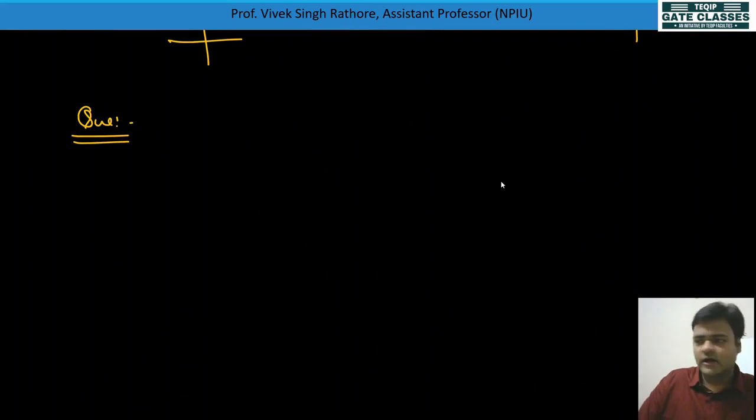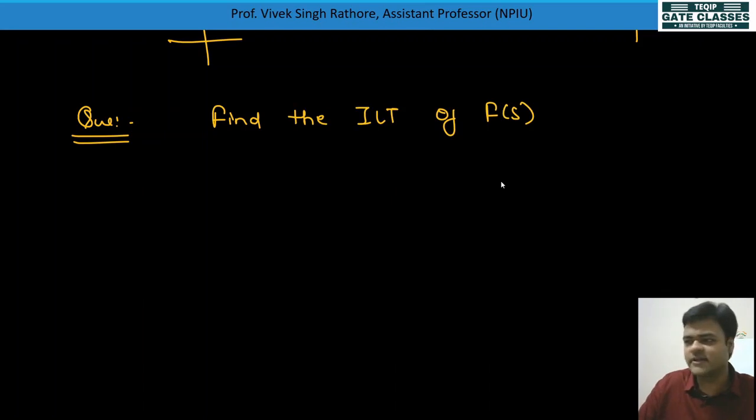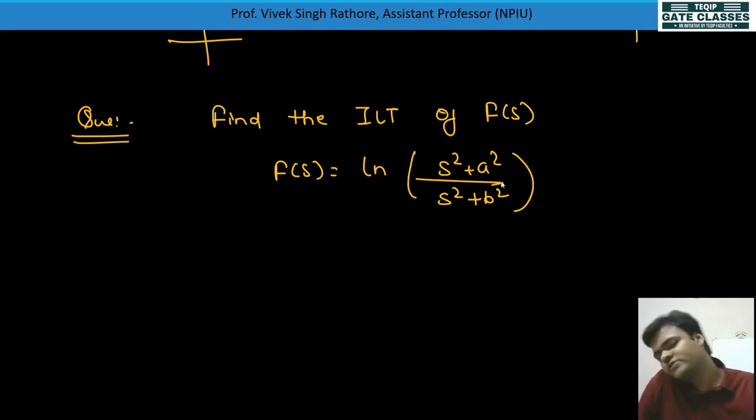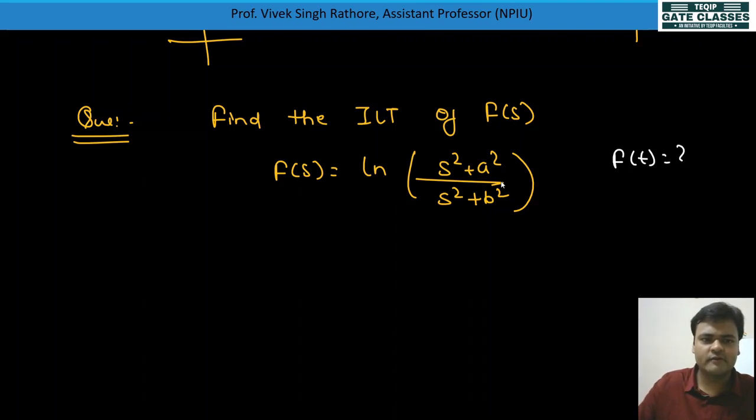You need to find the inverse Laplace transform of F of s, which is given in your question as ln of (s square plus a square) over (s square plus b square). Inverse Laplace transform means you need to find f of t.